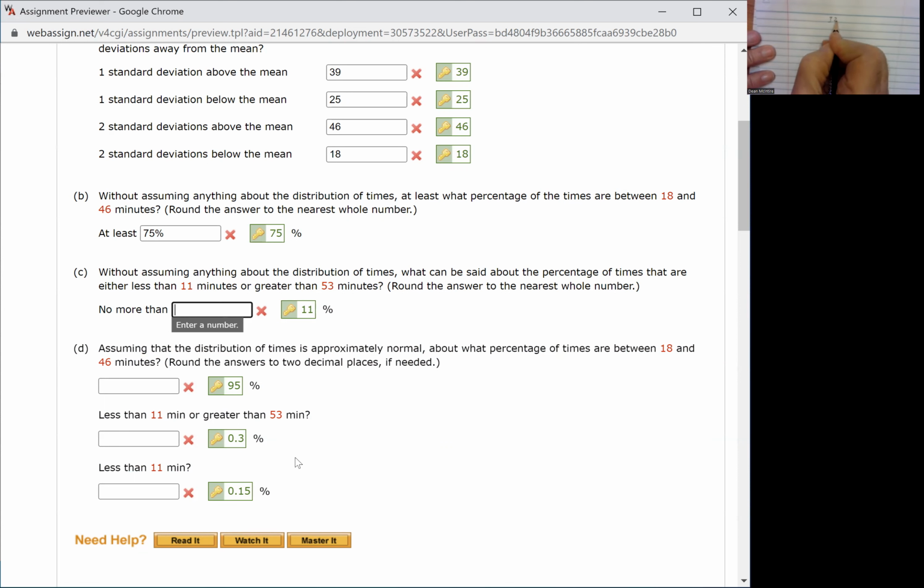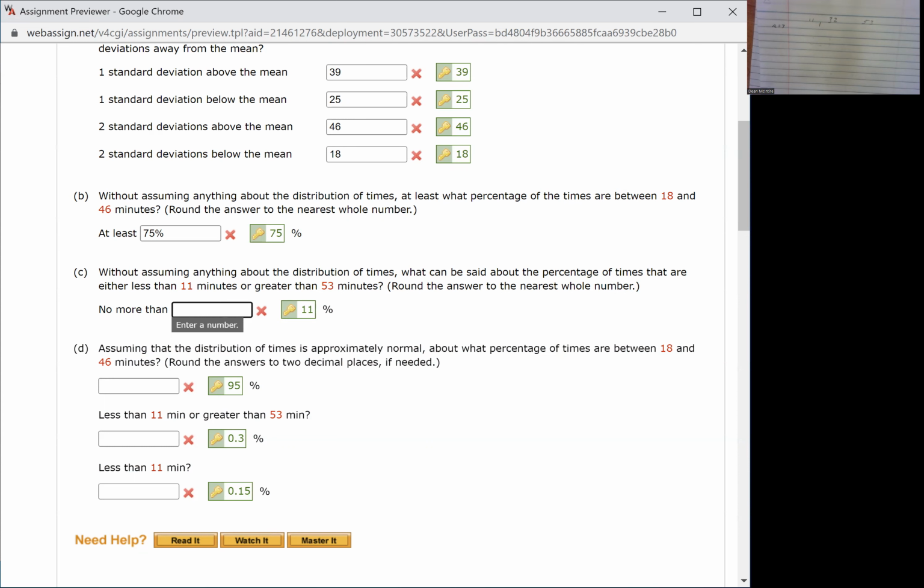And 32. And we have 11 and 53. Remember, S is equal to 7. Okay. So we're going to have, well, let's go there.